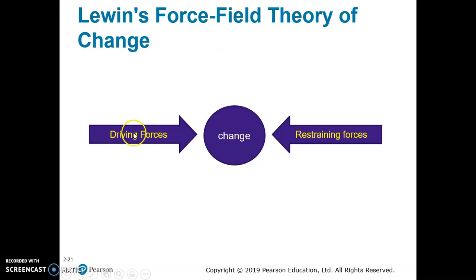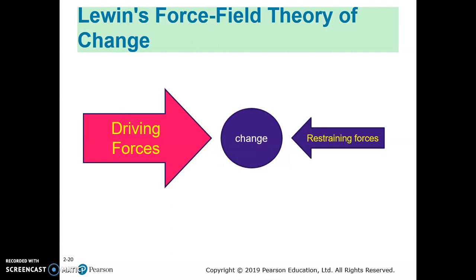If like this, for example, the driving force is similar in magnitude to the restraining force, then the change becomes inert. That means there's no change because the forces are fighting among each other and they are equal in balance, so no one wins. But if the driving forces are high, that means this one is stronger in terms of power, so this one could beat these restraining forces, then change will happen.